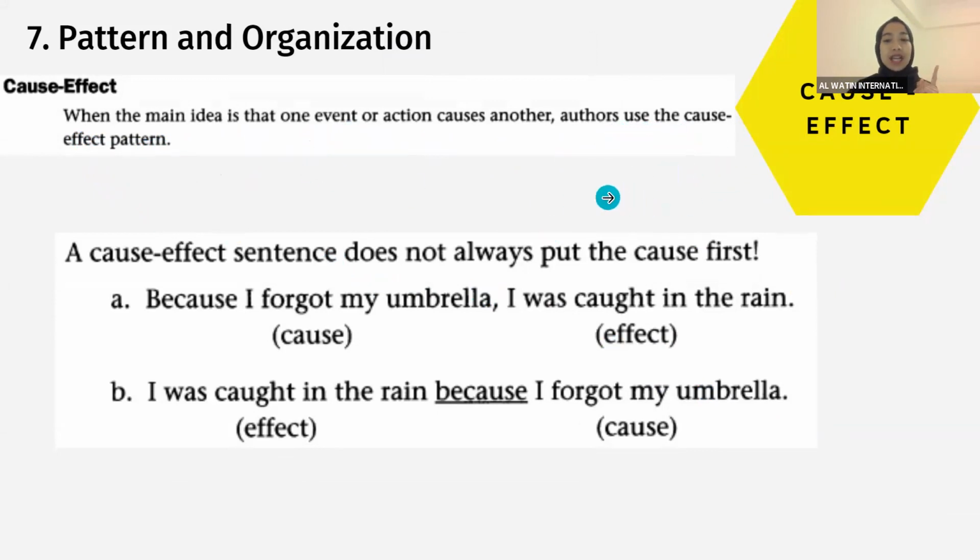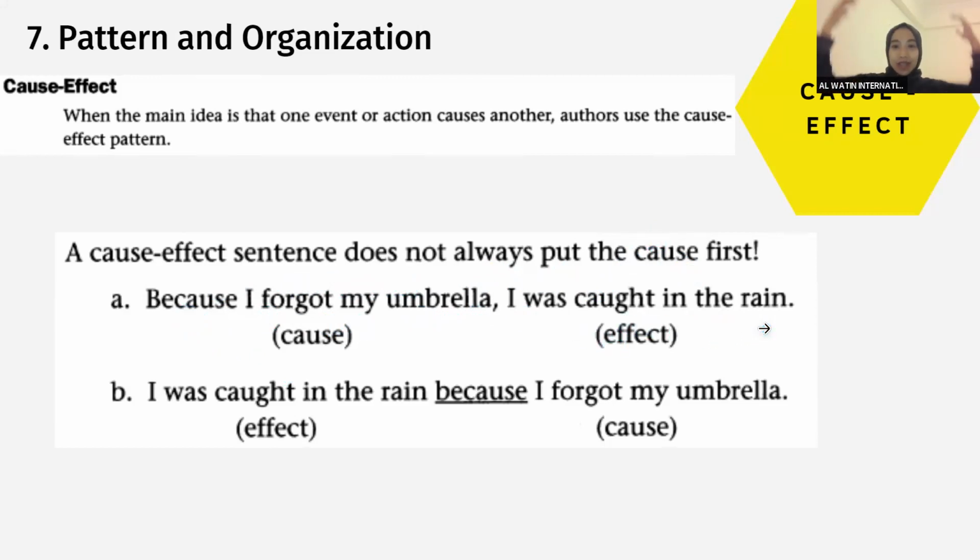Let's see what cause and effect is. To help you understand, I will explain. A cause-effect sentence does not always put the cause first. The cause: because I forgot my umbrella. The effect: I was caught in the rain.